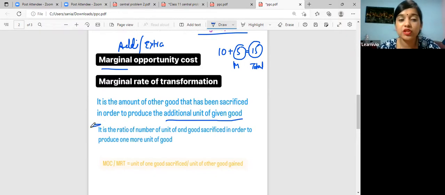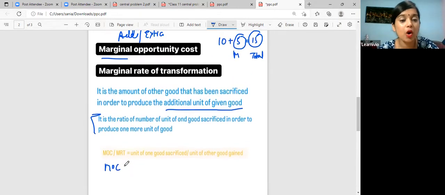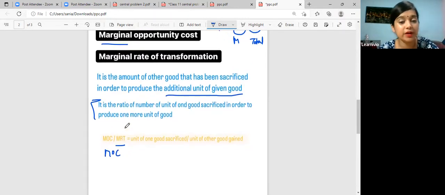And the other definition is, it is the ratio of number of units of good sacrificed in order to produce 1 more good. So basically this is the formula. You can write MOC, which is marginal opportunity cost, or you can write MRT, which is marginal rate of transformation. Now, how many units of good were sacrificed? 1. And how many units of other good were gained? 1. So basically your MOC is 1.